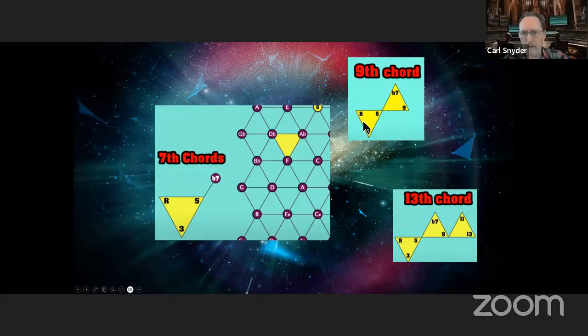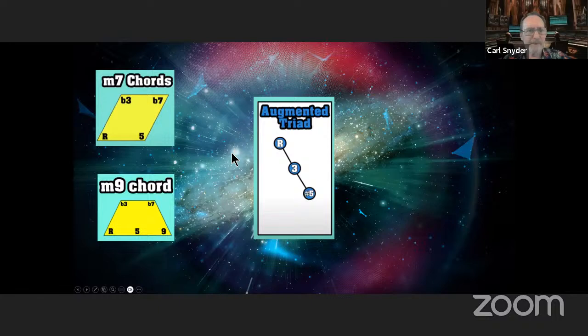The 9 is going to do the same thing, except it's going to just fill in this triangle, right? We get the flat 7 up here, we get 9 over here. If we want to spell a 13, it's just like the 9, and we add another triangle next to it, and it spells 11 and 13. So these are parlor tricks, but I thought you might enjoy them.